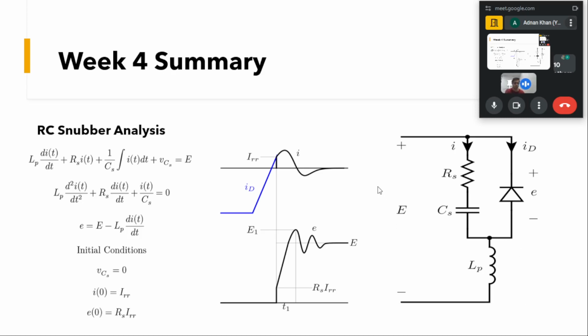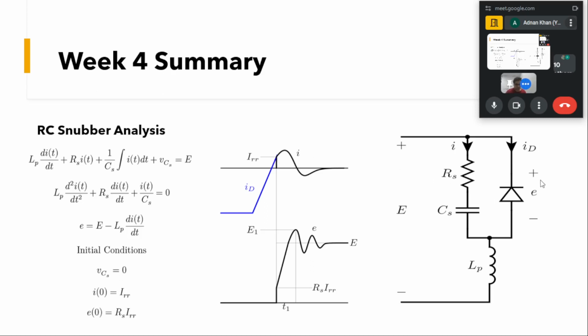What is to be kept in mind is that we take into consideration some initial conditions. We assume that initially this capacitor is fully discharged. The other initial condition is that the current through this snubber will flow at the reverse recovery current IRR.